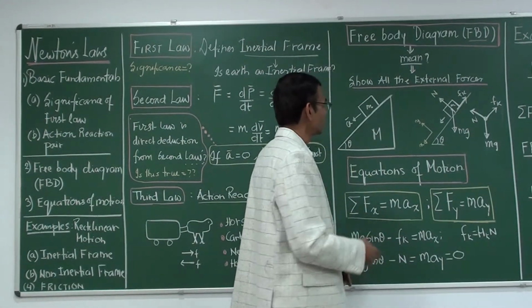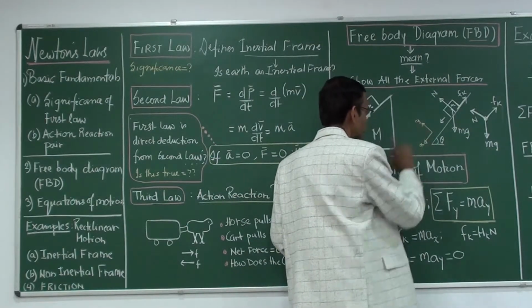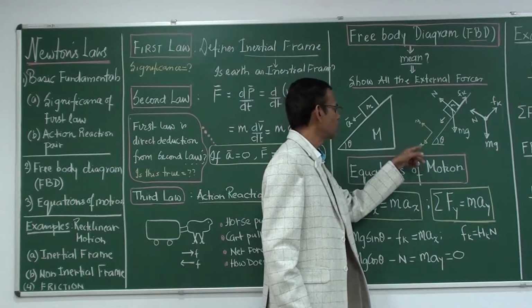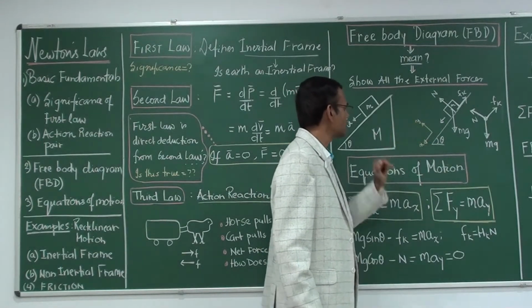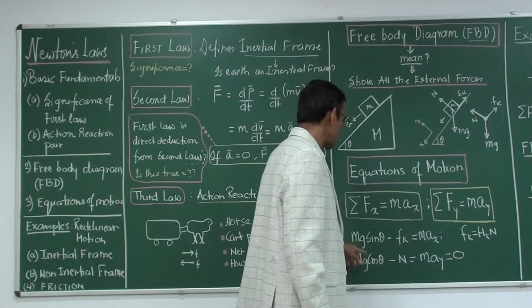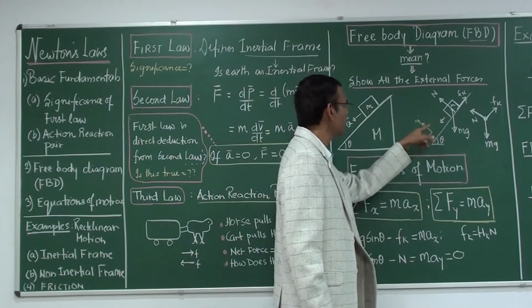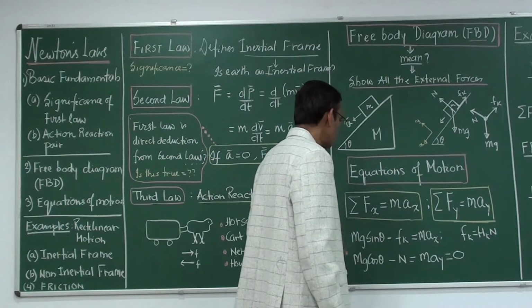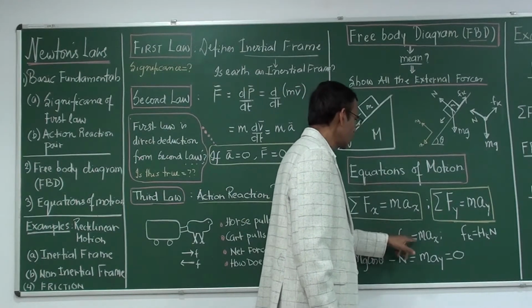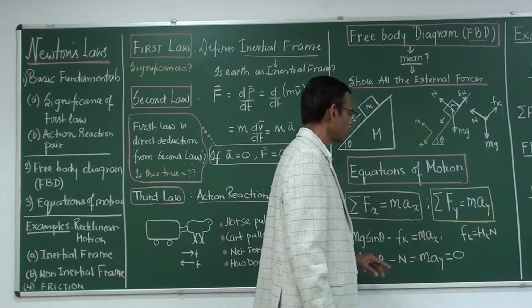Along the x direction, you have to choose the axis. So I have chosen x and y. Then along the x, you resolve all the forces. So mg sin theta minus fk, that is the net force along the x direction, is equal to m into ax.